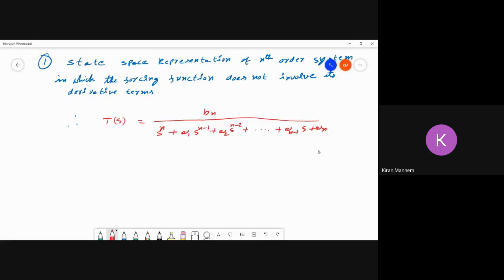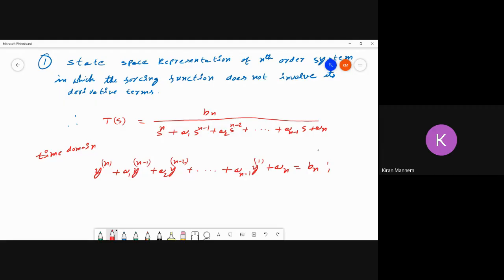Rewriting in time domain, it would be y to the power of n plus a1 into y to the power of n minus 1 plus a2 into y to the power of n minus 2 plus dots, a(n minus 1) into y to the power of 1, plus an y, which is equal to bn u, right?